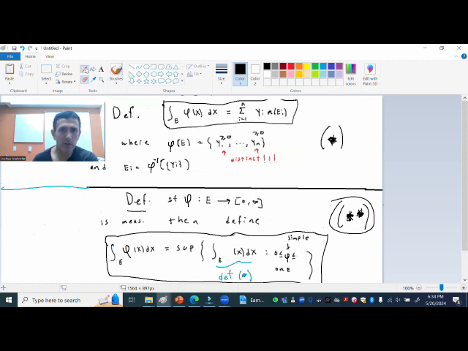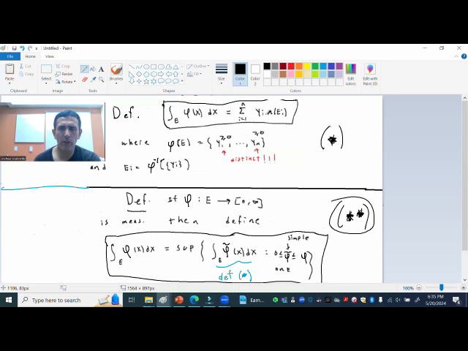I'm not going to use varphi. I'll use, let's say, varphi tilde, for lack of anything better to call it. Okay, so we have these two basically definitions here, and let's prove that they are going to be equal.